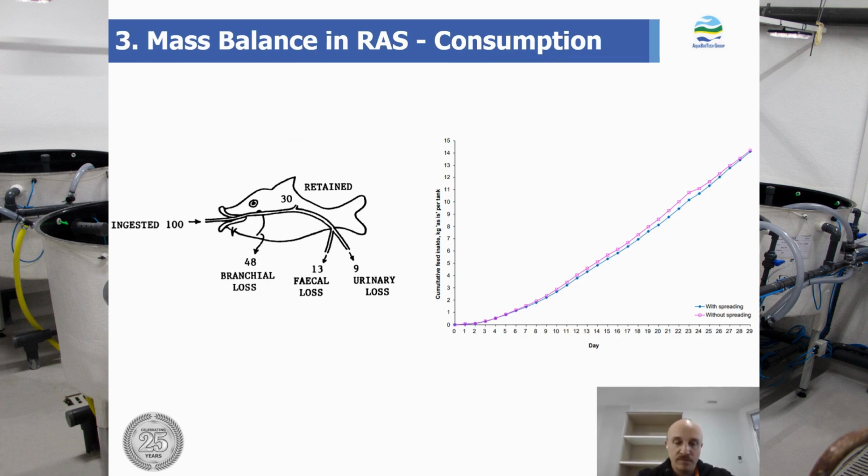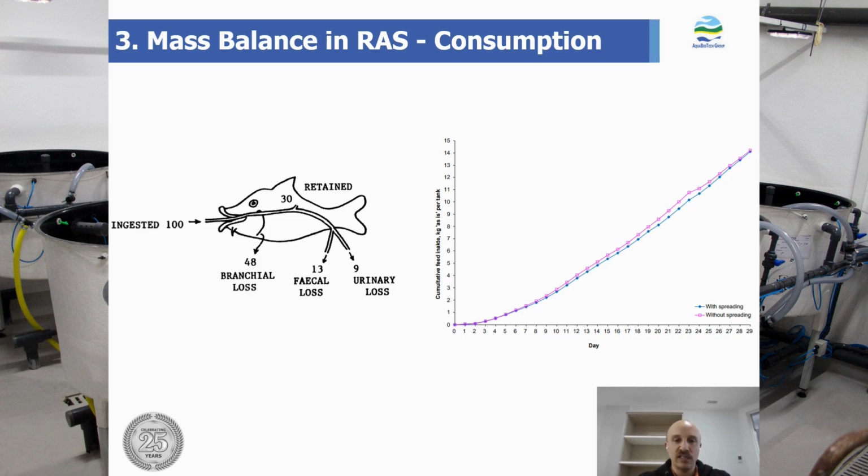Consumption. Our fish are mainly producing a set of metabolites such as CO2 as a result of respiration, solid feces, and, as part of what we call urinary losses, nitrogen as a main element.